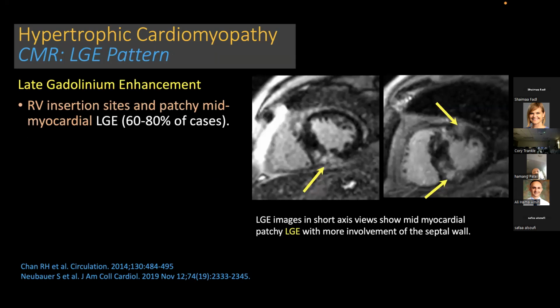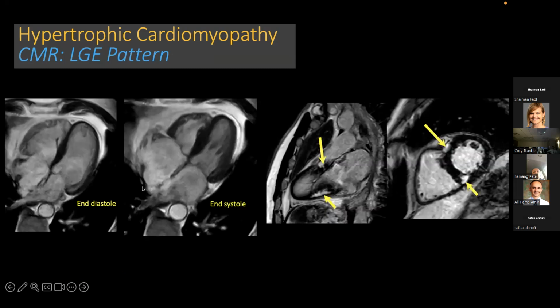Regarding the late gadolinium enhancement pattern in HCM patients, the characteristic enhancement pattern is along the RV insertion sites, mainly at the septum, or mid-wall patchy enhancement at the thickest myocardium. If this is asymmetric hypertrophy, you'll see more enhancement along the septum if this is the most thickened portion.